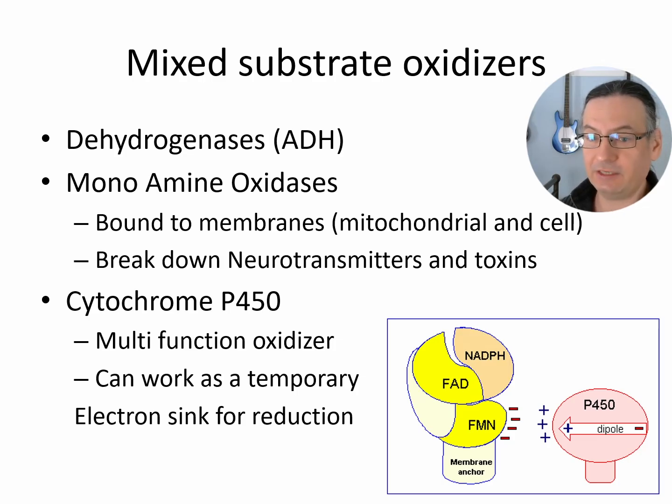There are a number of toxins which effectively just get broken down by oxidizers into an active or toxic form, basically as a mistake. But you also have a large number of enzymes which are set up to detoxify things. So for example, alcohol dehydrogenase, ADH, is effectively breaking down alcohol compounds in your body.